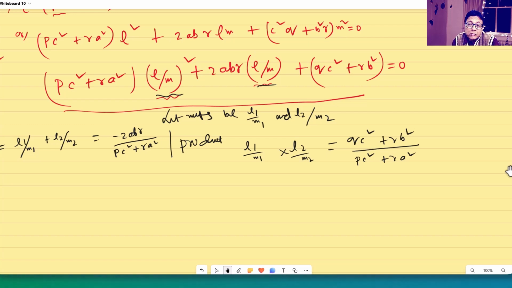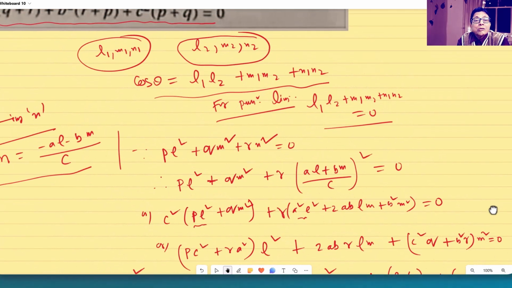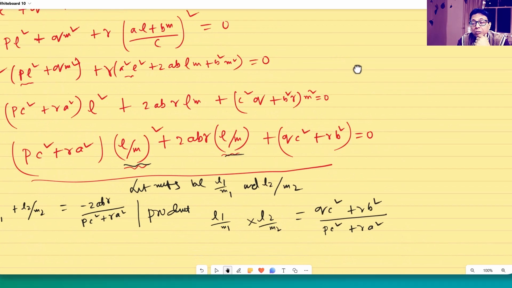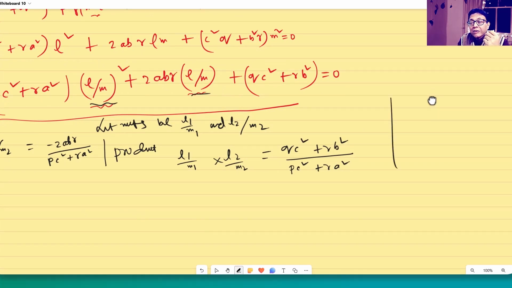Now we will take the help of symmetry because symmetry is there in the given equation. Here you have A square, B square, A, B, C and P, Q, R. In two equations you have A, B, C and P, Q, R. So here what you have got is QC square plus RB square, divided by PC square plus R square.